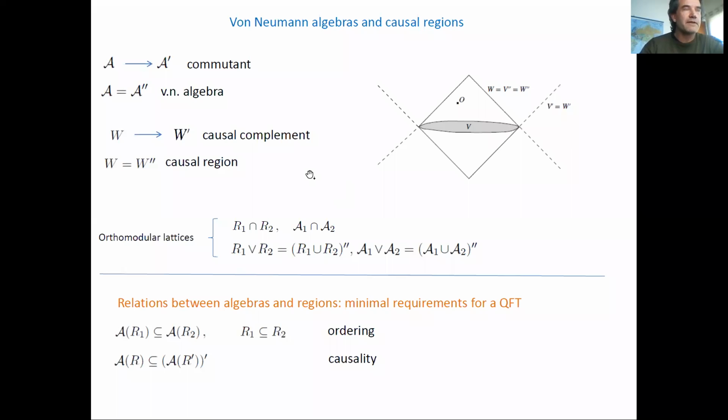But then you have, yeah? I'm sorry for the interruption, sir. By commutant, you mean it's any operation in the von Neumann algebra that we have defined for some QFT? A maps to A prime, which is, no, sorry. Here this is not a map. A is some set of operators, and then A prime is not a mapping. A prime is just the set of operators that commute with all the operators in A. Okay, I'm sorry.